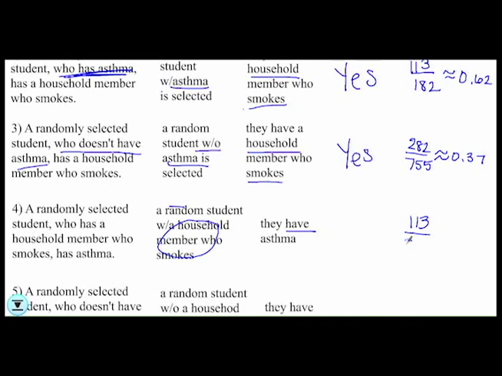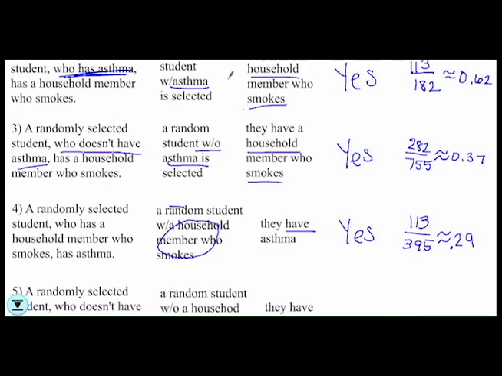Again, we're going to say yes for this conditional because our initial condition was the household member who smokes. So 113 out of 395 will give me about 29%, or 0.29.